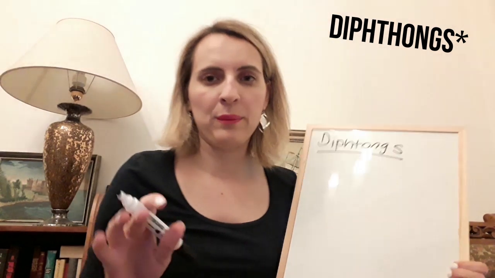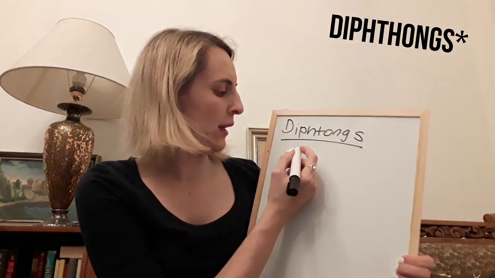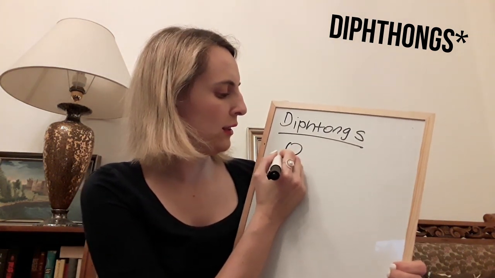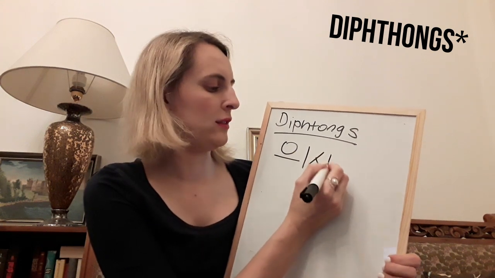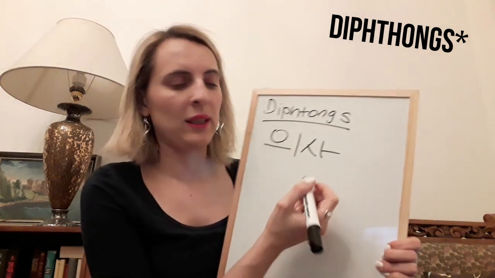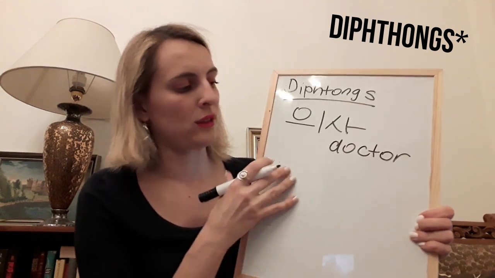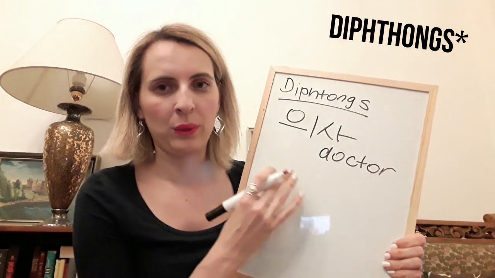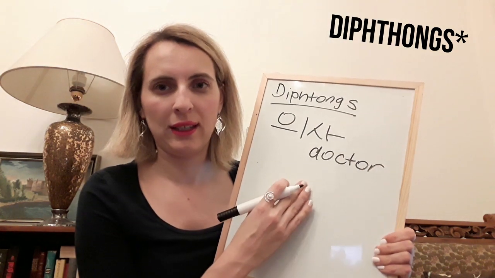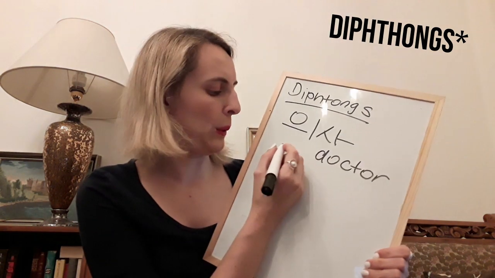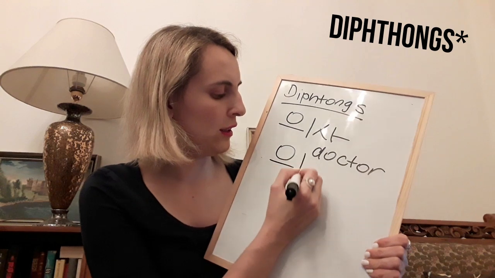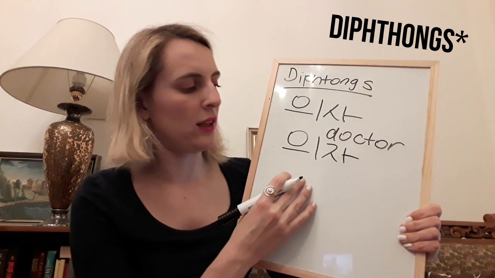Our first word, and you probably know it from Korean medical dramas, is oisa. Oisa means doctor. So when you need a doctor, you need oisa. Then we have oija.